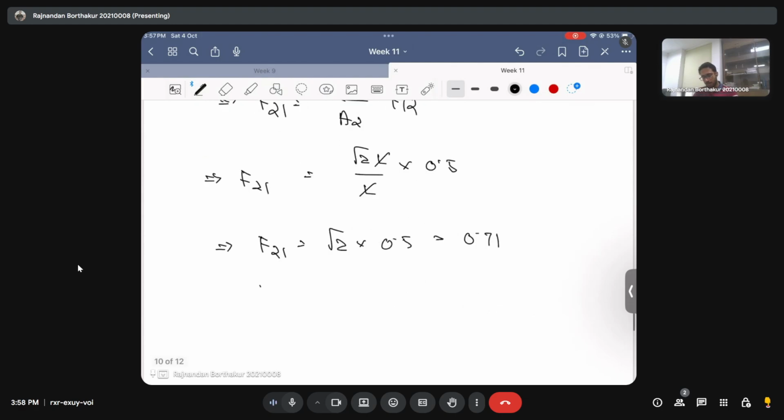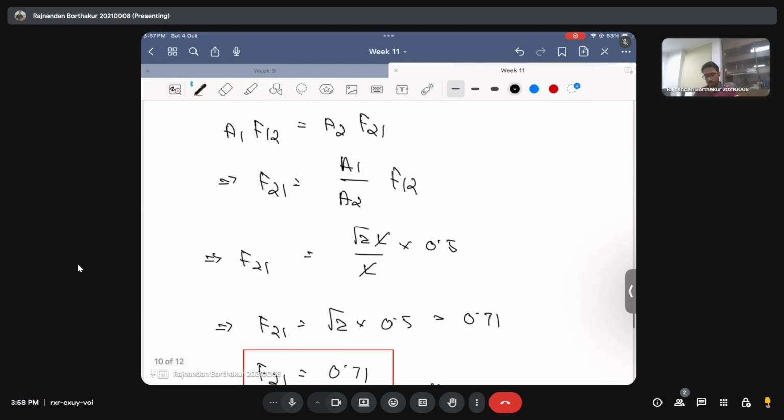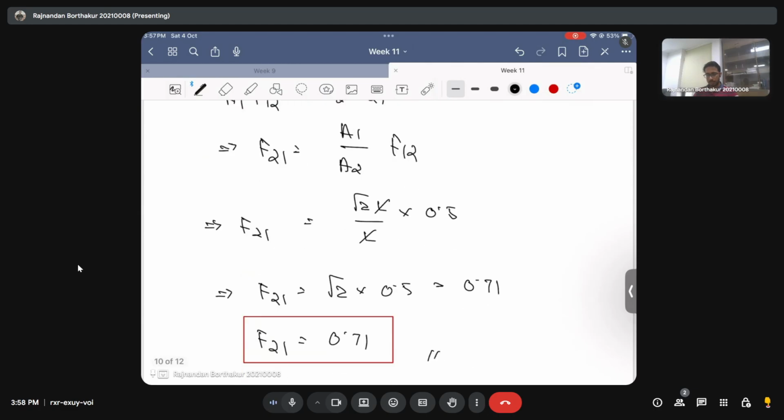So your F21 is equal to 0.71. So this gives you the F21 in this scenario. I hope this is clear at your end.